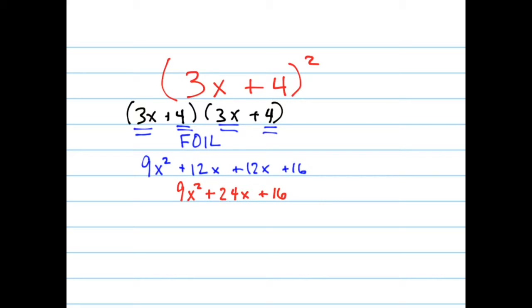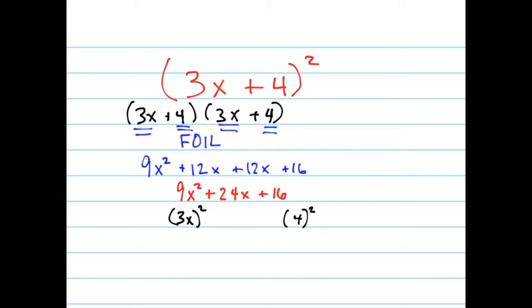Now, I want you to notice how this final product relates to the 3x plus 4. 9x squared is the square of 3x, right? 16 is the square of 4. That's where they come from.